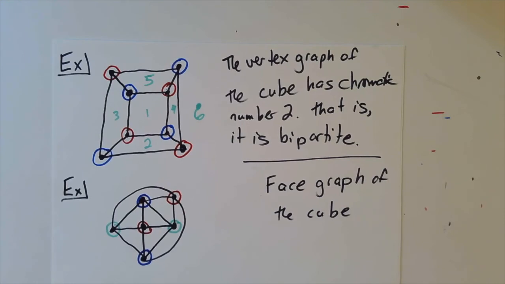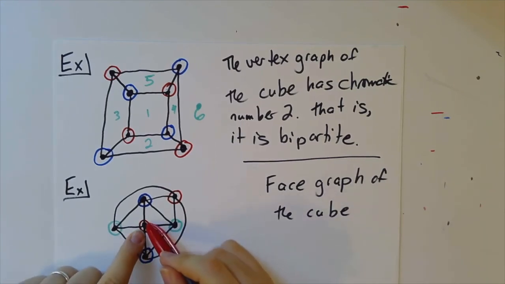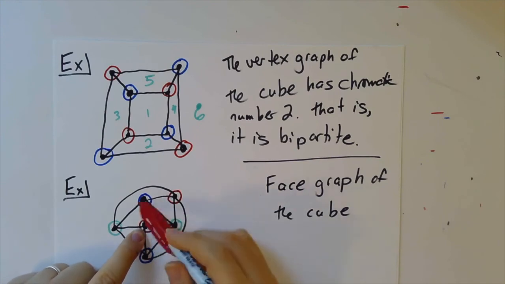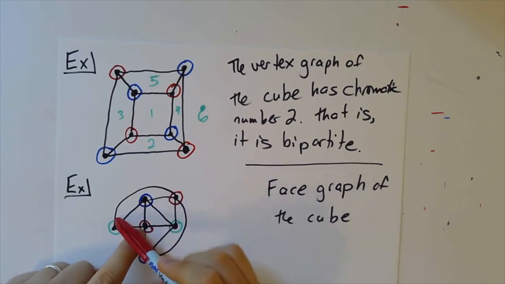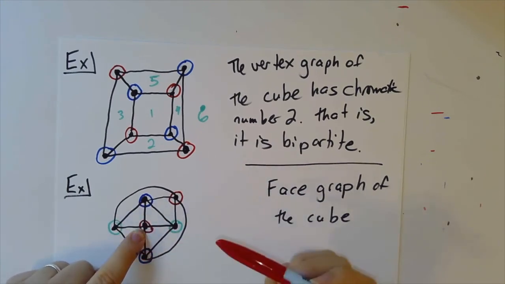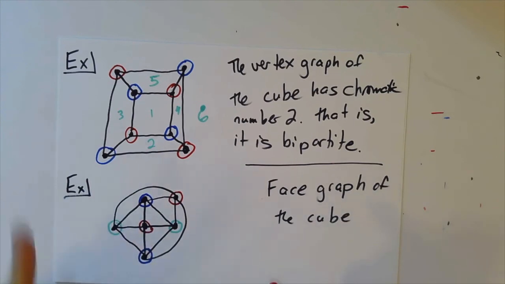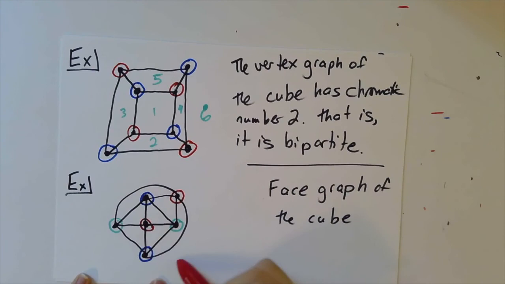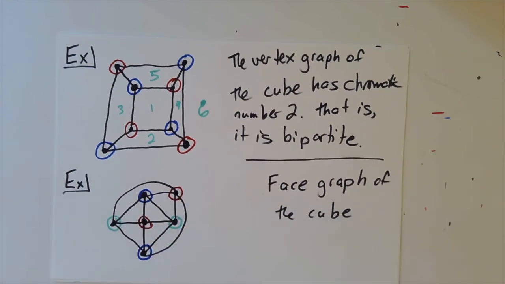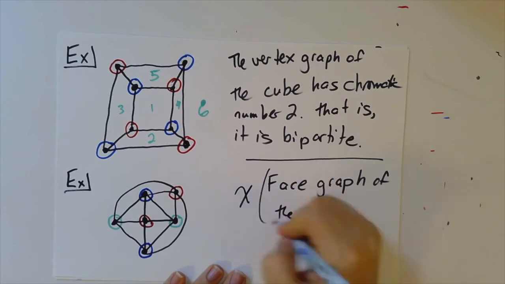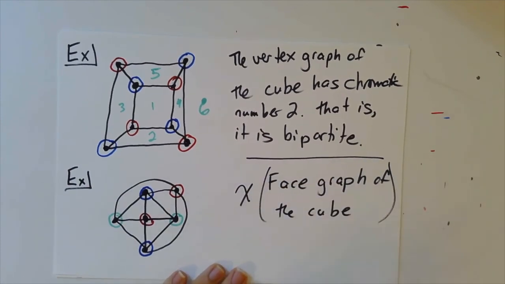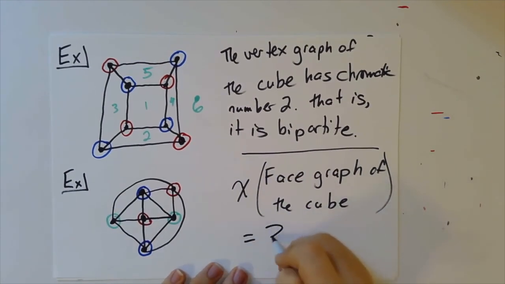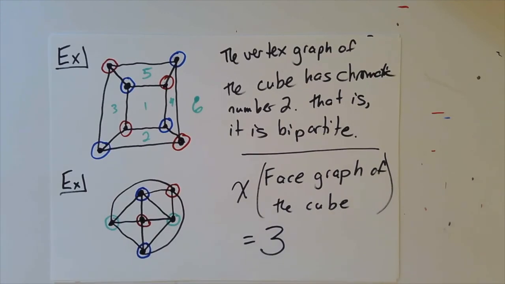Again, as soon as I colored this vertex in the middle red, or any color, and looked at the vertices adjacent to it, I knew it cannot possibly be colorable in 2 colors. So I know the chromatic number is at least 3, but I've now shown you explicitly a coloring in 3 colors. And so the chromatic number of the face graph of the cube, we have now proven it is 3.